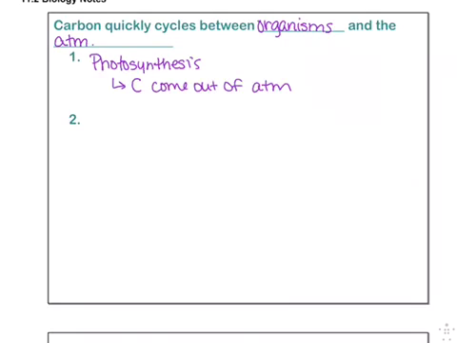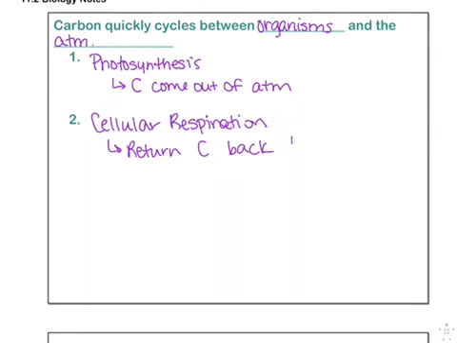We remove it, and then we use cellular respiration to return carbon back to the atmosphere. So every time you breathe out, you're pumping CO2, or carbon specifically, back into the atmosphere. But then every time you eat something, you're eating something that took carbon out of the atmosphere. So it's this little cycle, like a carbon cycle. Imagine that.